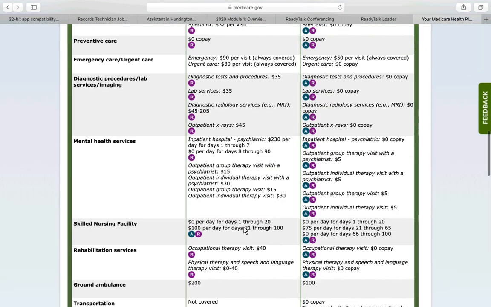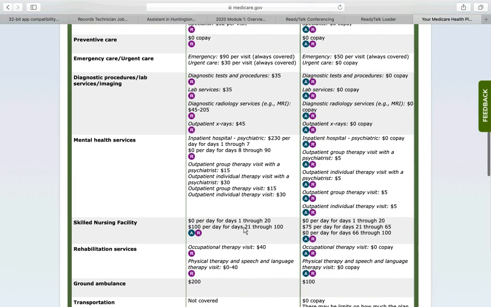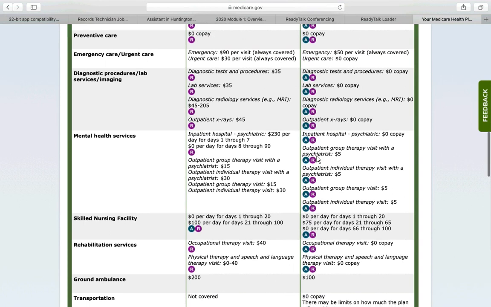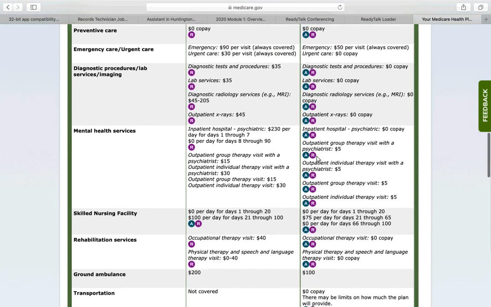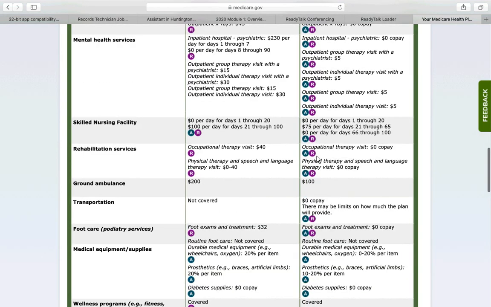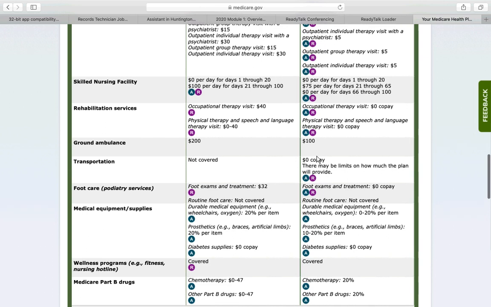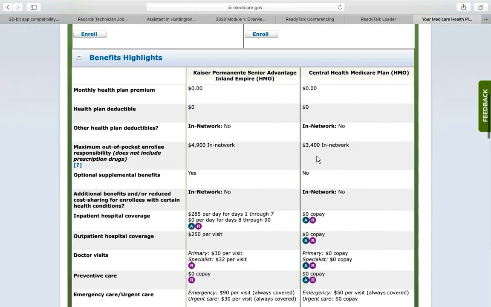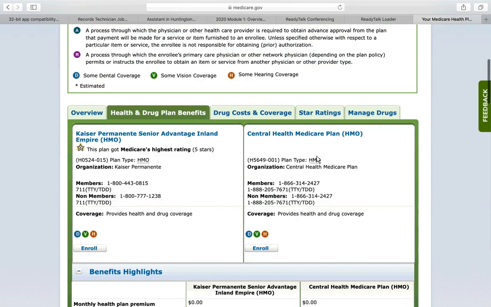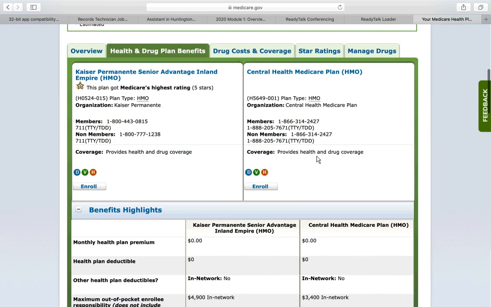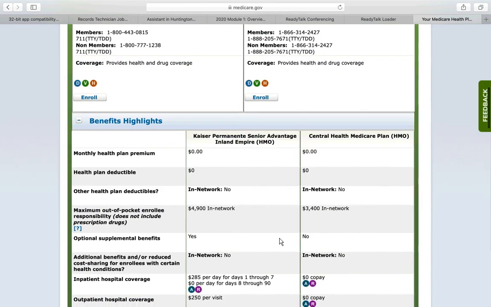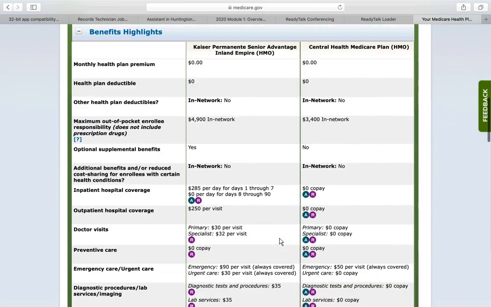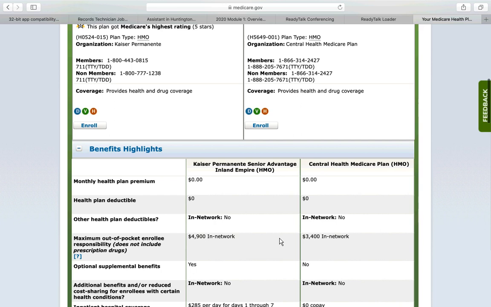And here you can do a thorough comparison for them. And you'll see that, wow, do I really, really want Kaiser? Okay. So, again, it's a matter of becoming familiar with how to do this comparison and how to present these benefits. Okay? Let's take a look at the drug cost and coverage.